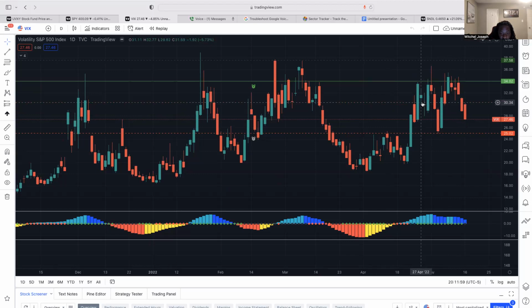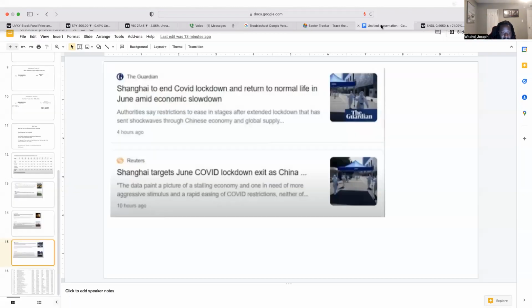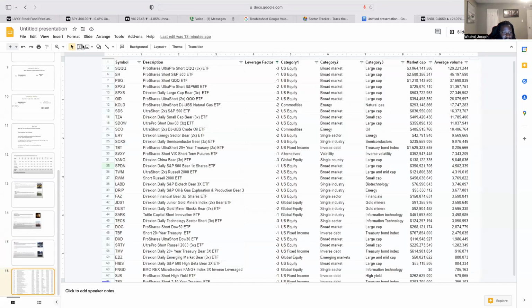So one solution is to play other instruments, like stocks, that actually don't have implied volatility. So the answer is inverse ETFs. Here's a list of a bunch of inverse ETFs, and I'm sure you guys have heard me talk about these before.